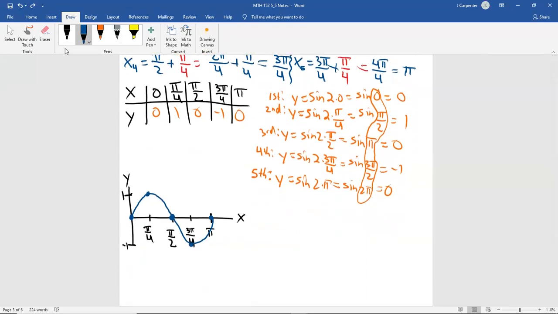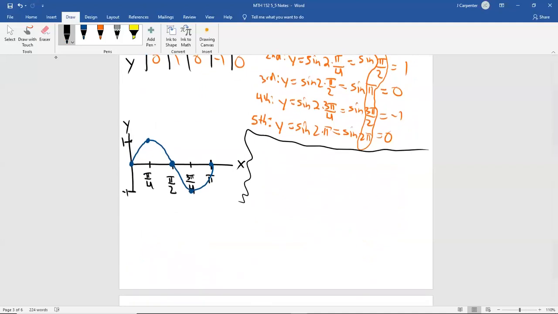So let me show you real quick a couple of graphs all in the same one. So let's go from 0 to 2 pi is here. Before we get to example B, then this will be pi, which will make this pi over 2.